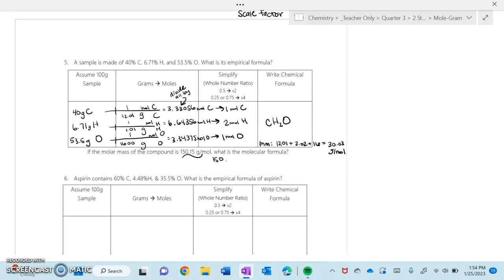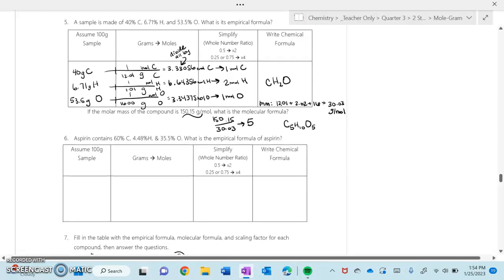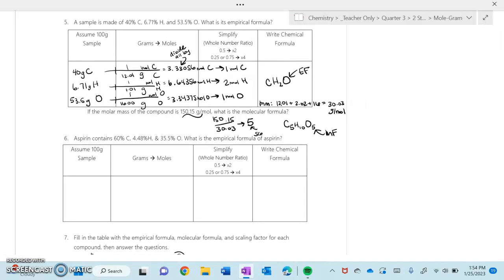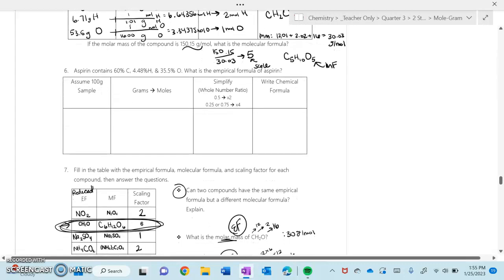So I've got 150 divided by 30. This one kind of clearly shows itself. You can still divide them and you'll get 5. And so that means our molecular formula is C5H10O5. Yay! Again, empirical formula, molecular formula, scale factor. You don't have to label those, but I'm just doing it to help you as you go through these examples.